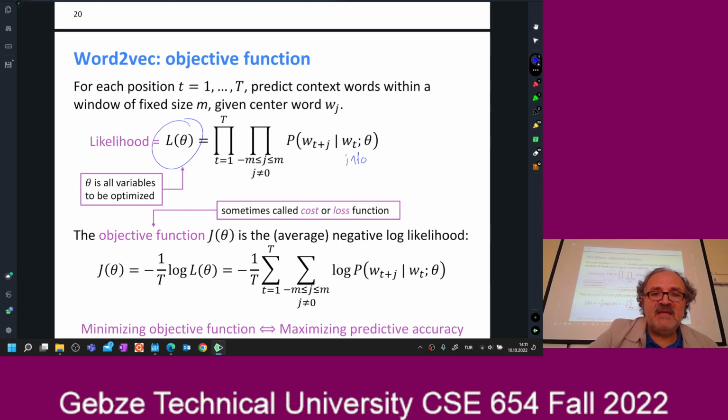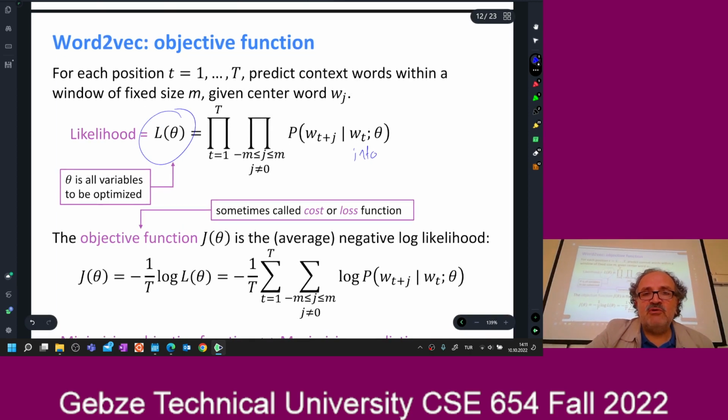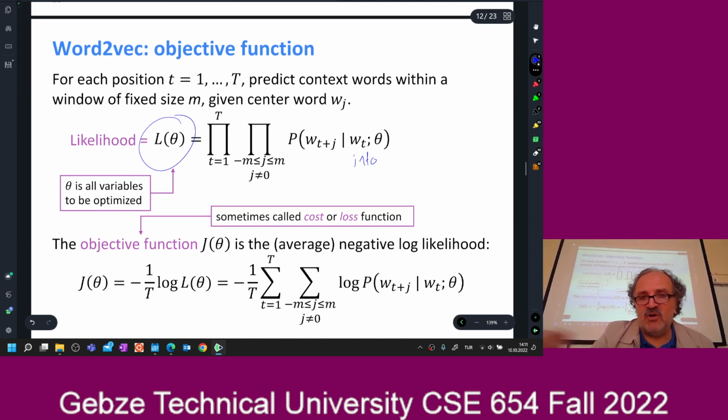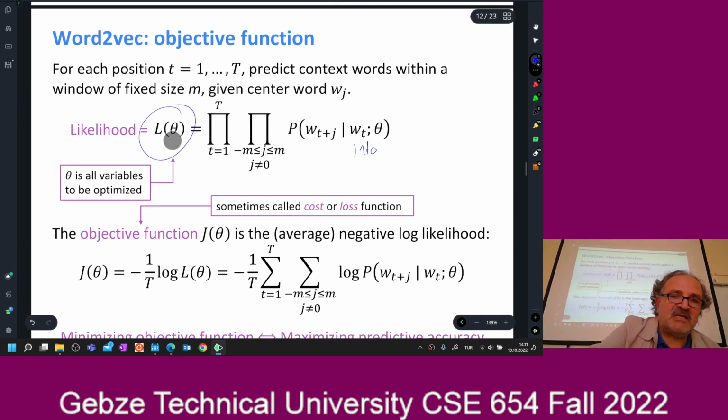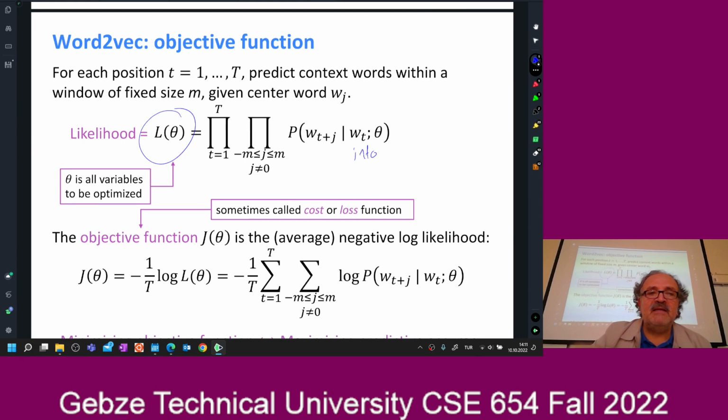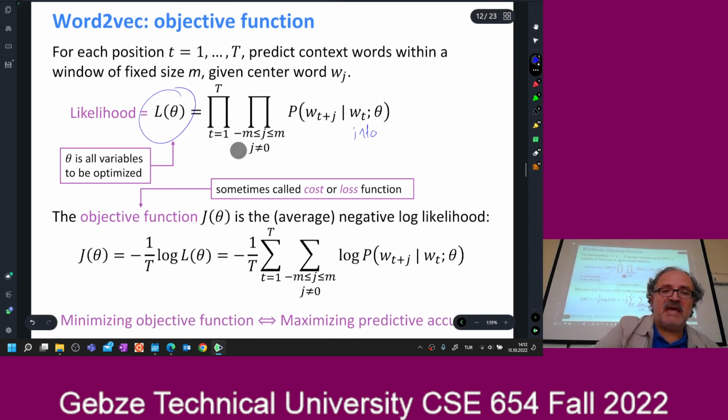Whatever you are doing with these vectors of the words, let's say our vectors are stored into this theta, a set of vectors. Find me such vectors so that this probability multiplication is maximum. Usually in the numerical methods world, we like to minimize stuff, and instead of multiplying, we like to add.